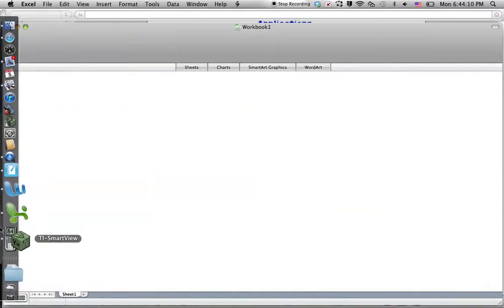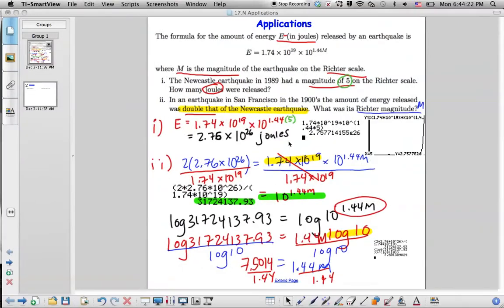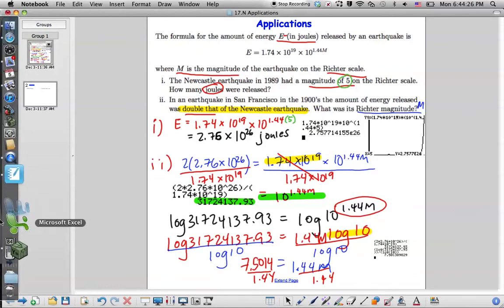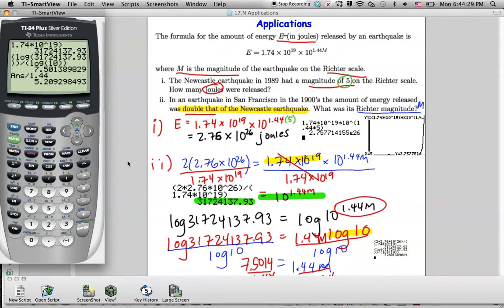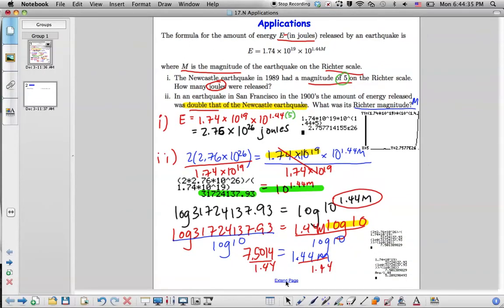We can just put this whole answer in, divided by 1.44. Ignore that Excel sheet that just came up. And we get 5.21.